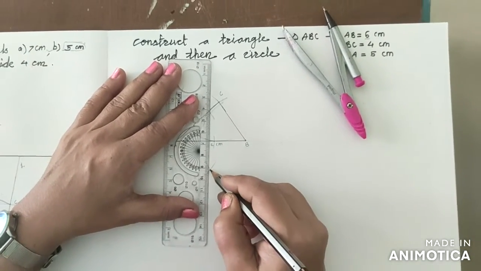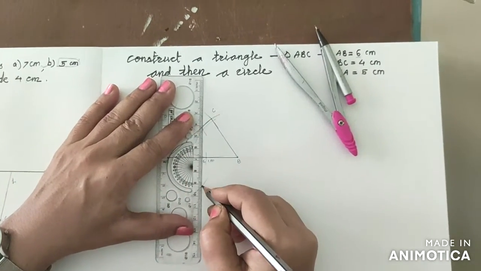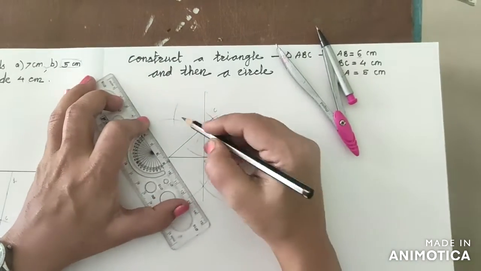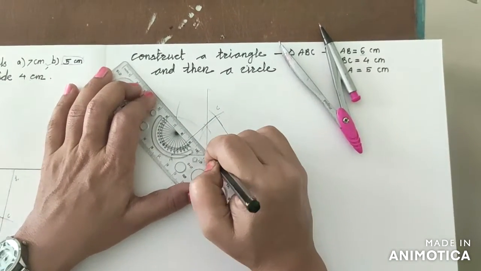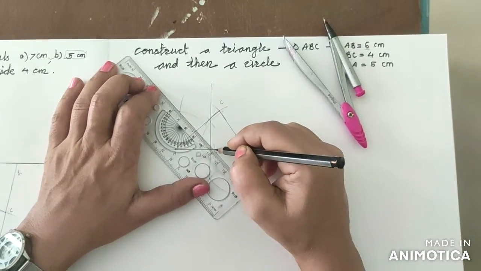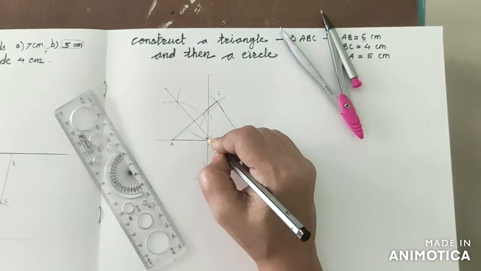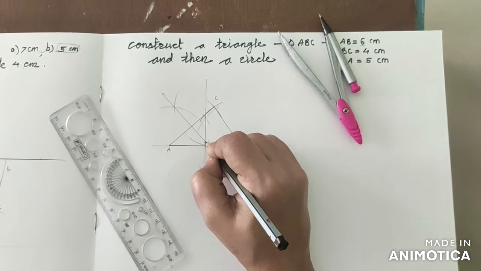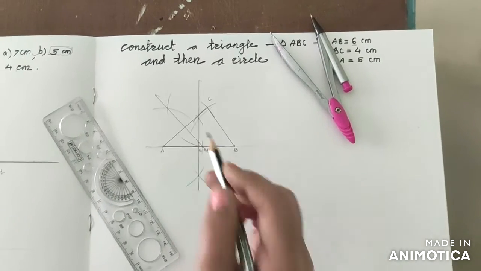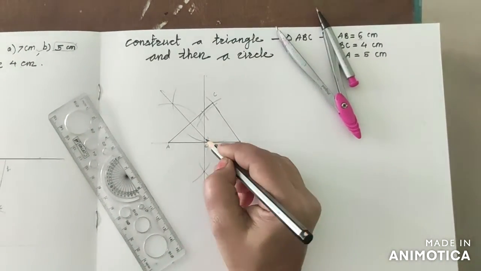Join these 2 points first, and then join these 2 points. In this way we get one intersecting point here, where the 2 perpendiculars cross each other.